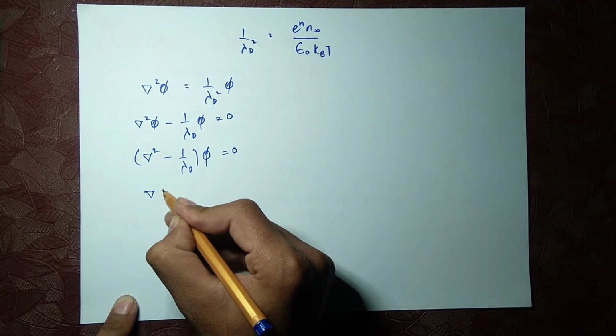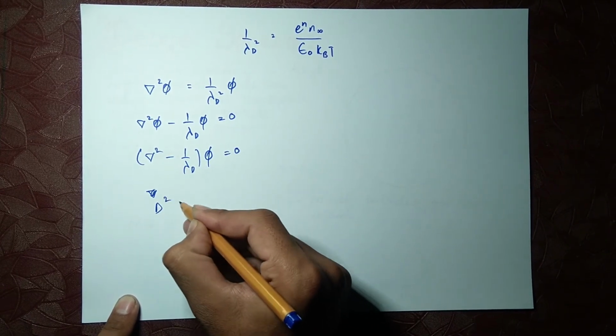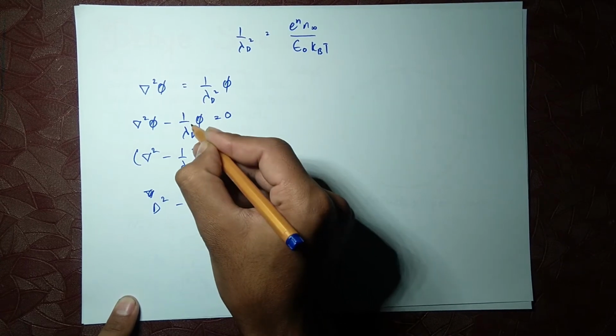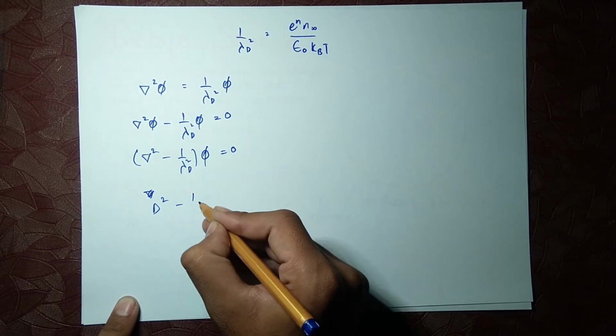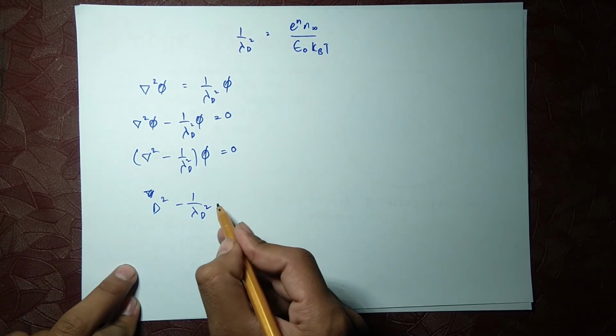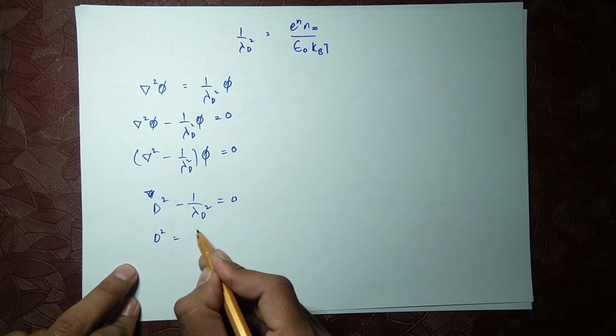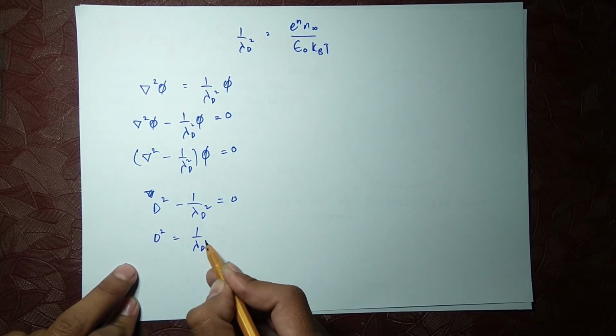So this will make a characteristic equation: let's say D squared minus 1 over lambda_D squared is equal to 0. So D squared will be equal to 1 over lambda_D squared.